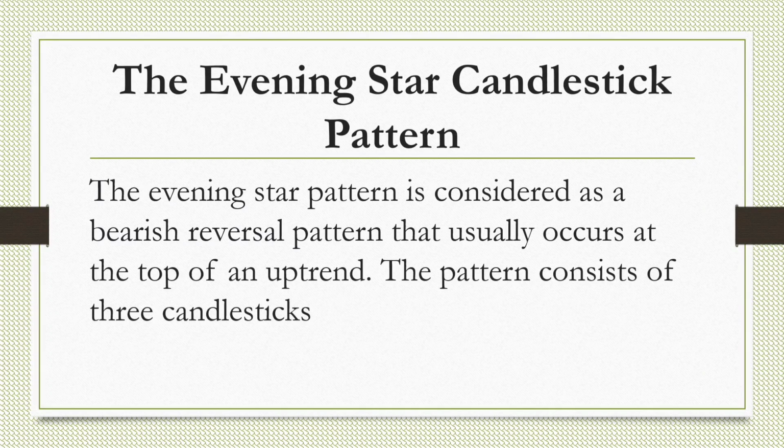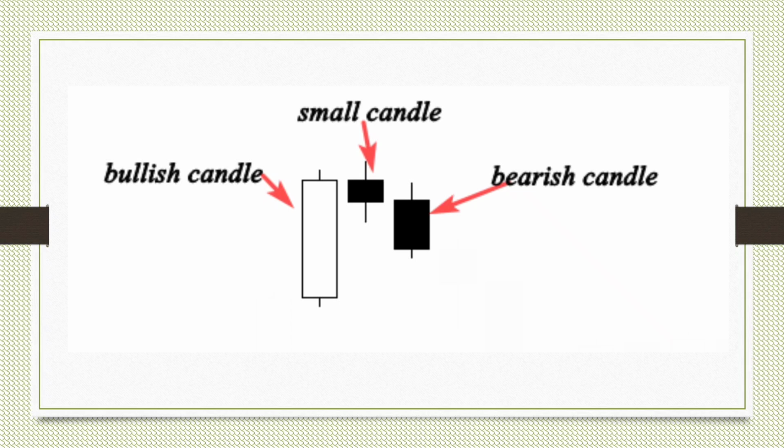Okay, this is what I'm talking about. This is what it looks like. First a bullish candle, then this little body candlestick appeared. This might be a bullish or a bearish candle. In this case, it is a bearish candle. And then this huge bearish candlestick appeared.